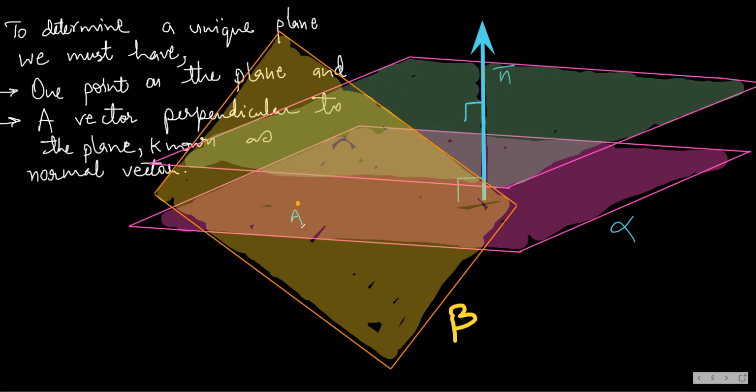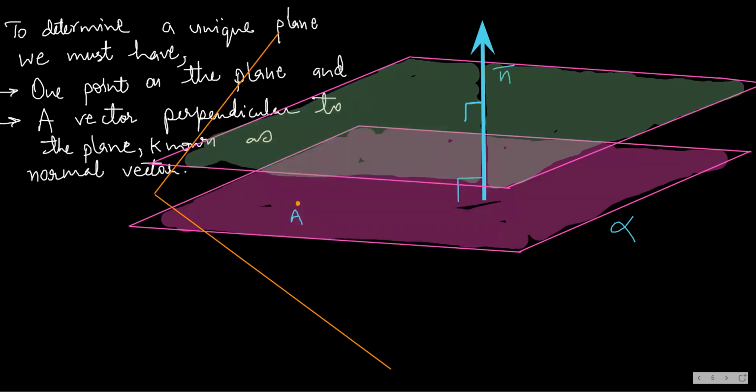I can have infinite such planes, and all those planes may contain point A. So if you are given just one point and you are asked to draw a plane which contains that point, there can be infinite such planes. So what I'm trying to tell you is, to define a unique plane, you need one point on the plane and a vector perpendicular to the plane. Okay.